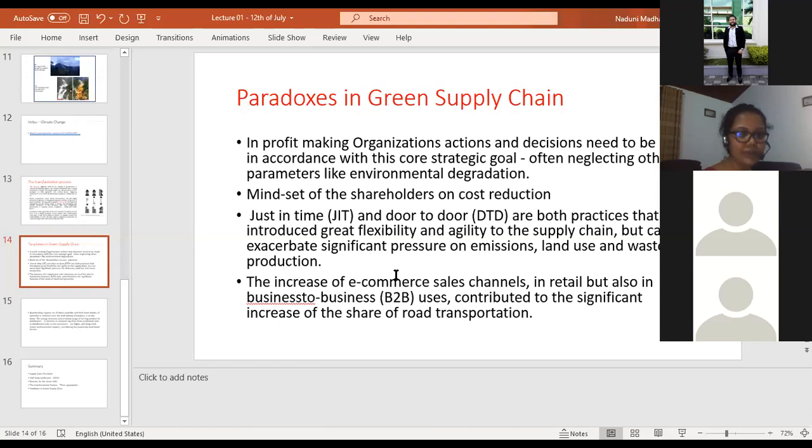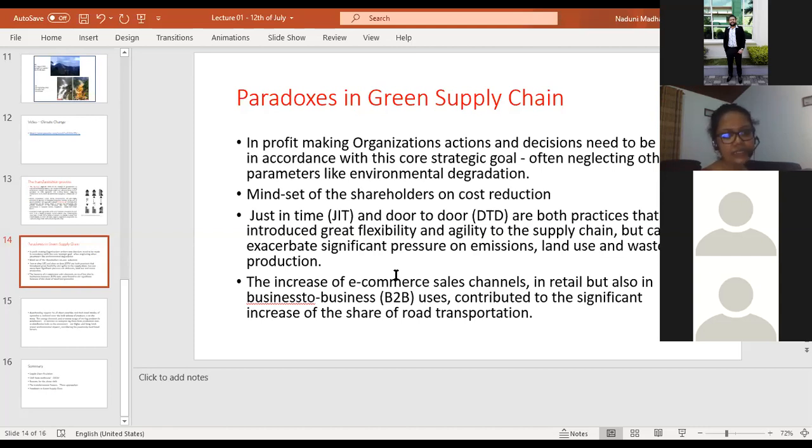But if the supplying company is located in one geographical area and your company in another, and you are adopting the just in time concept, that would create a lot of carbon emission because the trucks would go here and there from time to time. So in a company that has adopted these practices, having green initiatives would be a little bit difficult. So it's a paradox.